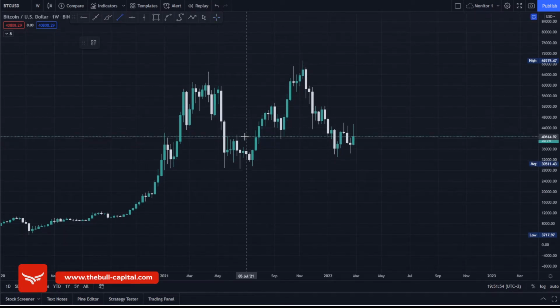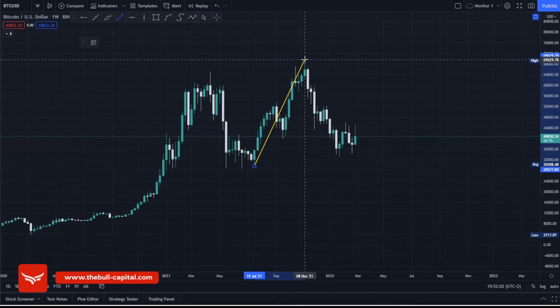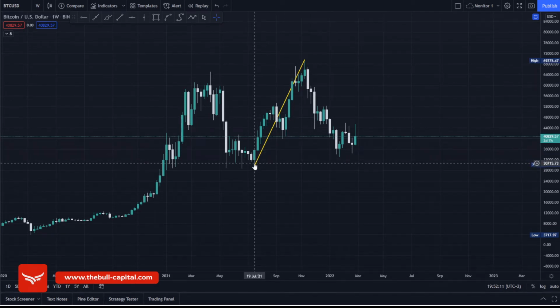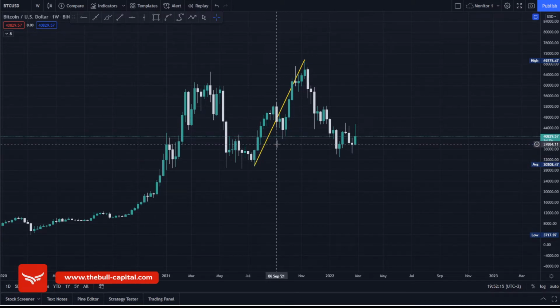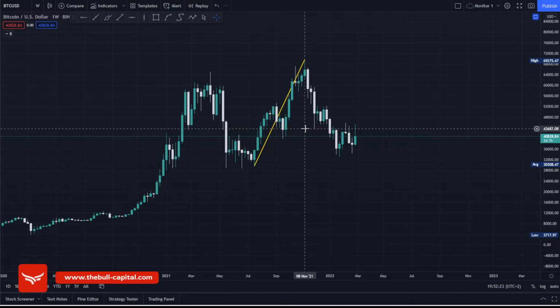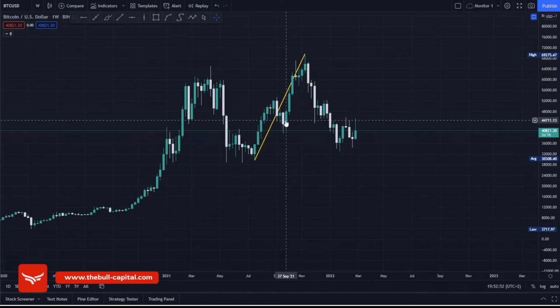Here, if we do this swing high, taking a lower price going to the peak, the highest price, we have 1, 2, 3, 4, 5, 6, 7, 8, 9, 10, 11, 12, 13, 14, sorry, we have 17 candles.